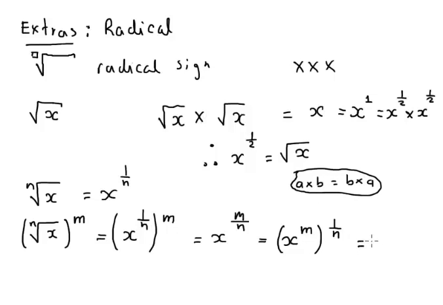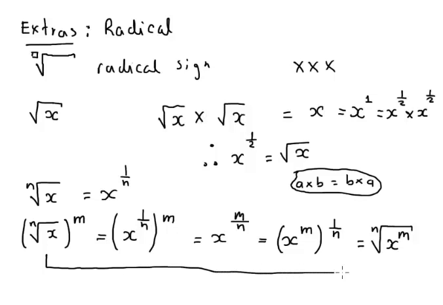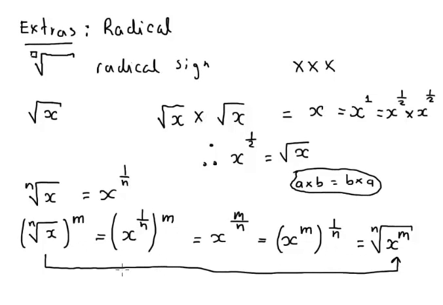This means nth root of what? Of x to the power m. Now we compare these two things. This together with that, they equal. So these two are equal, isn't it? You see that?